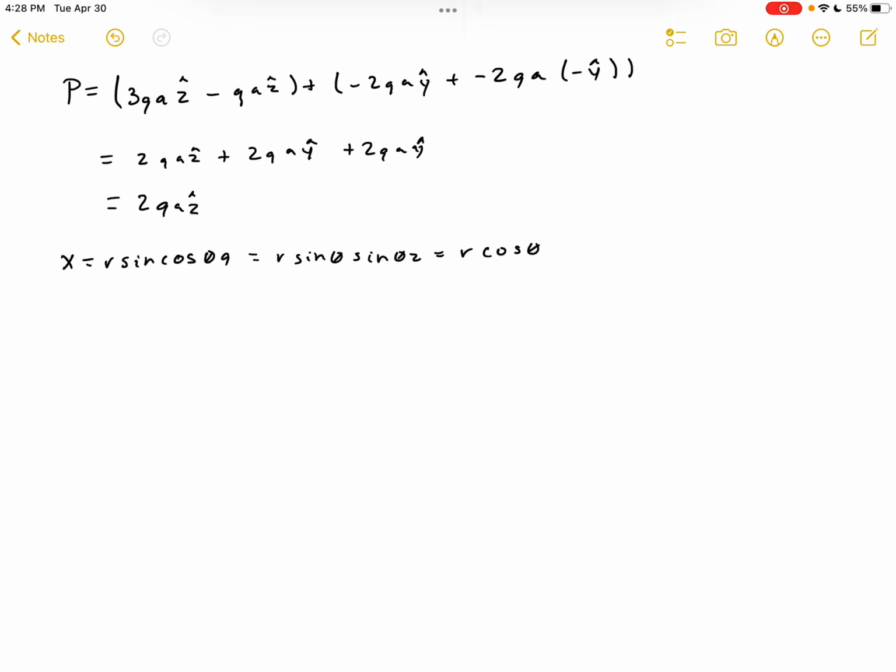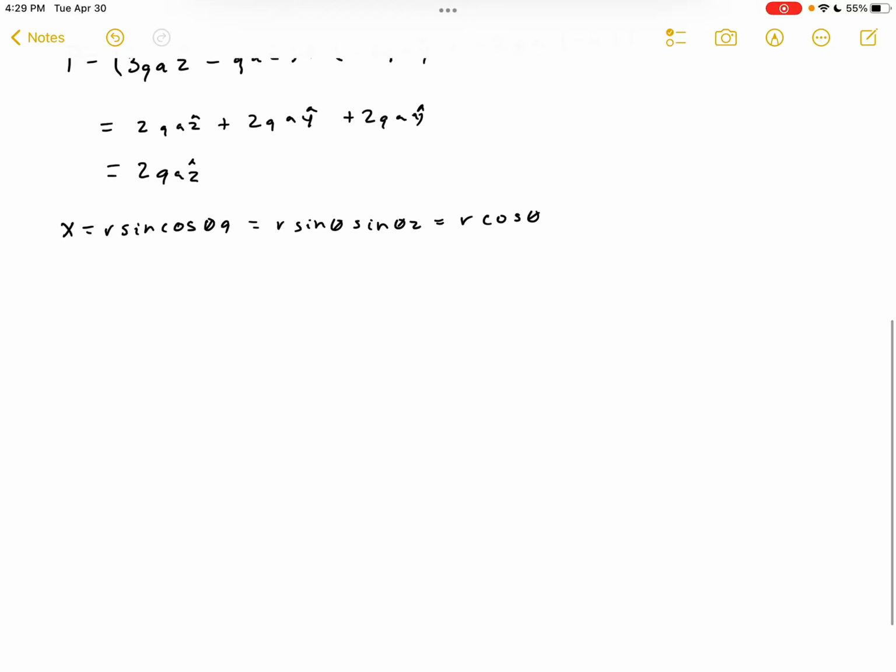We know the scalar product of a dipole P and position vector r hat. So now we want to substitute that position into our dipole equation.